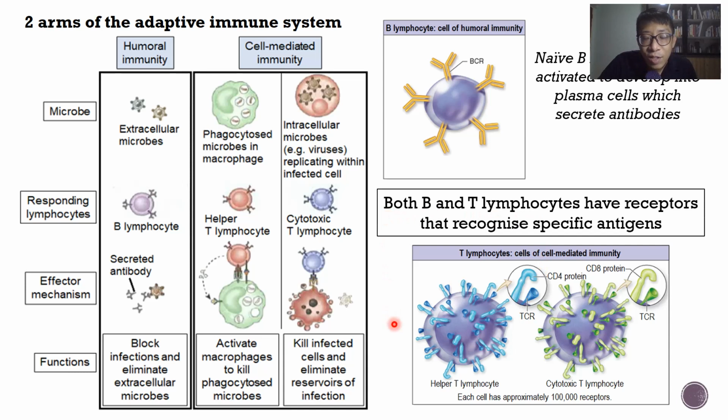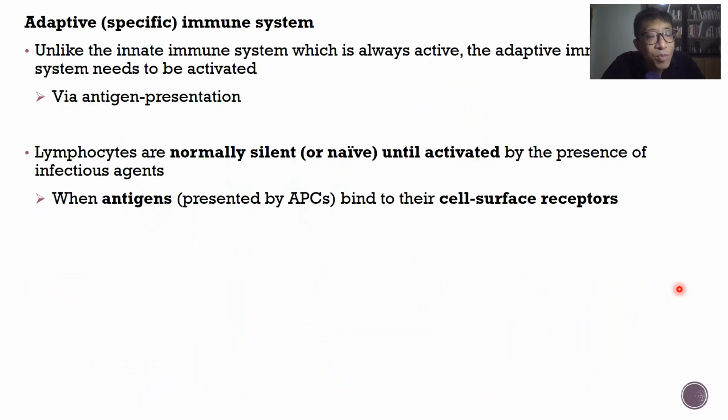Anyway, both the B cells and the T cells have very specific receptors for specific epitopes of specific antigens on specific pathogens. I'll keep using the word specific because it's highly specific. I think we have mentioned this before already.